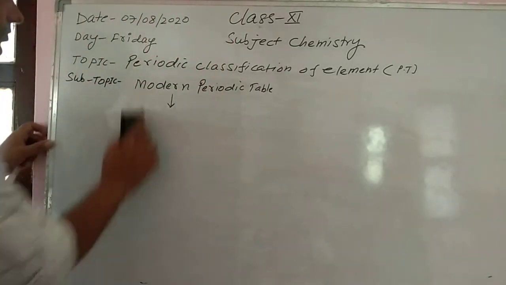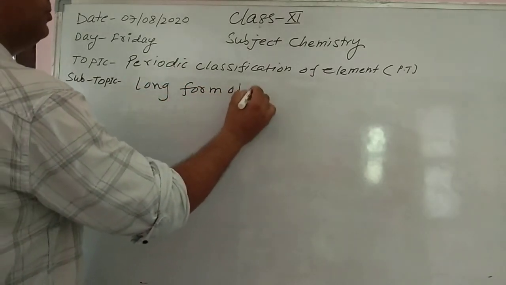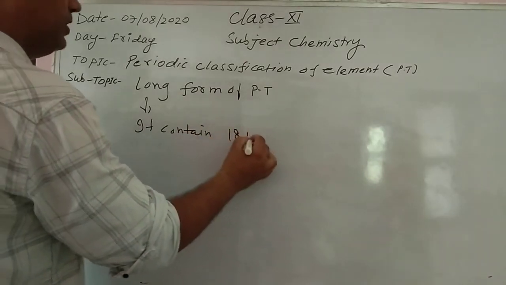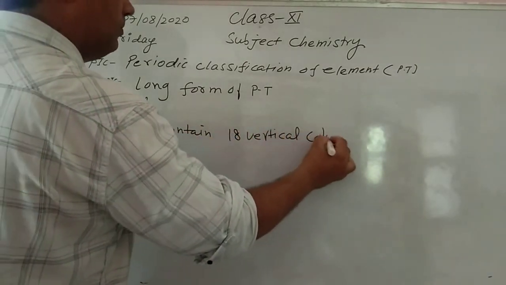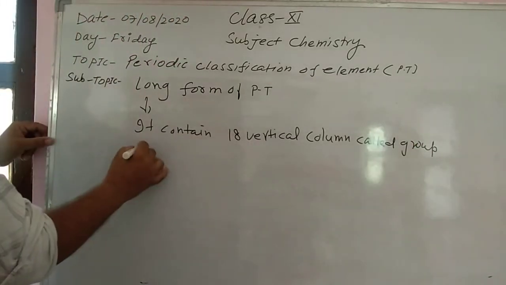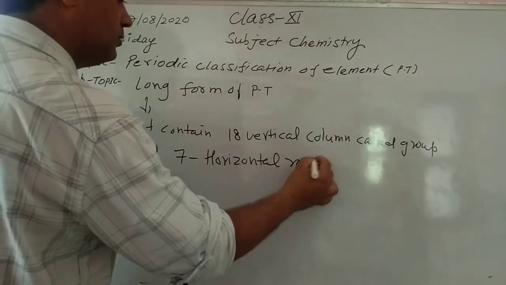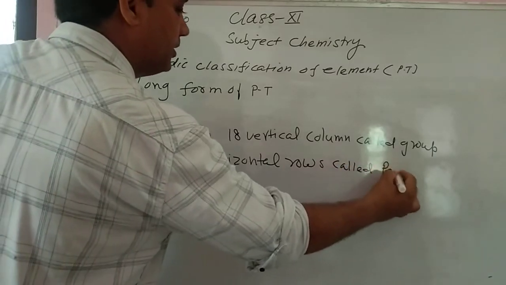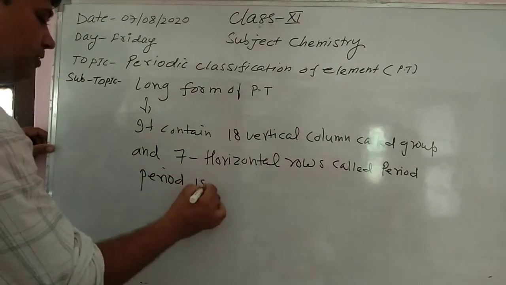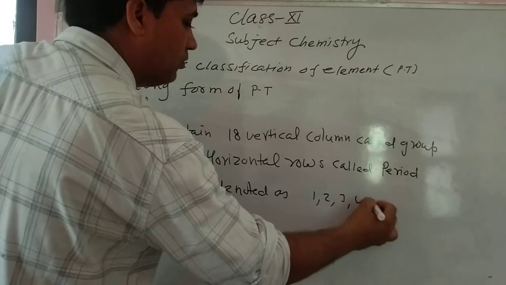The long form of the periodic table contains 18 vertical columns called groups and 7 horizontal rows called periods. Periods are denoted as 1, 2, 3, 4, 5, 6, 7.